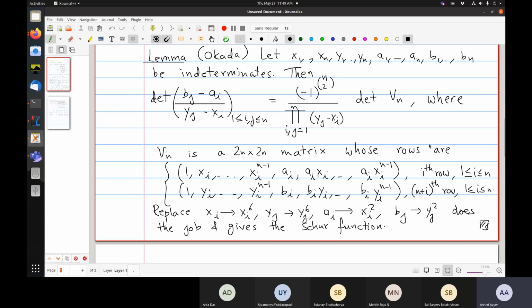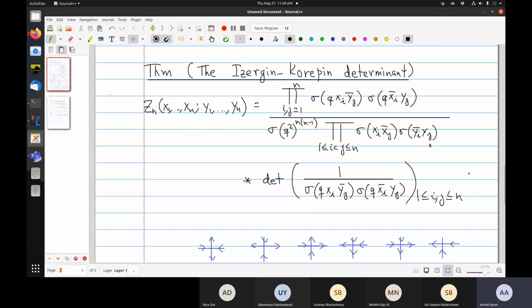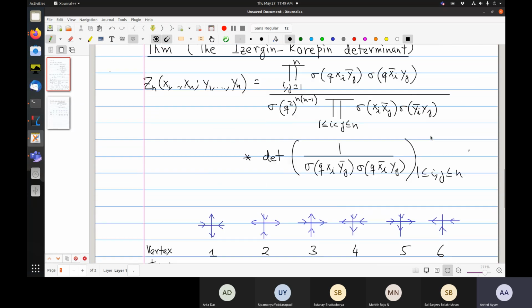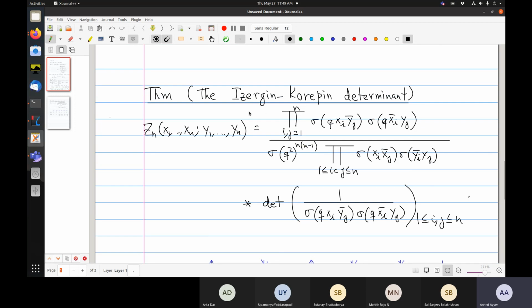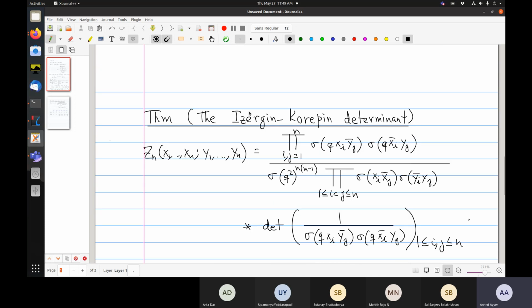Okay, so if there are no more questions, I want to go on to the main result, which I have rewritten here, which is the proof of the Zeilberger-Korepin determinant. This is really the heart of the proof, and this is what allowed Kuperberg to prove the ASM theorem.